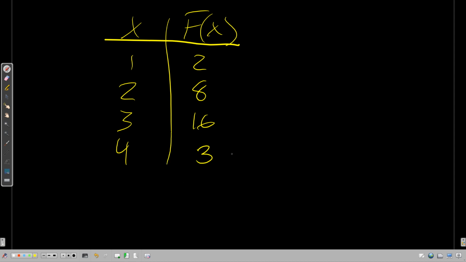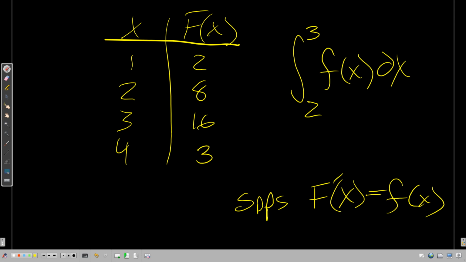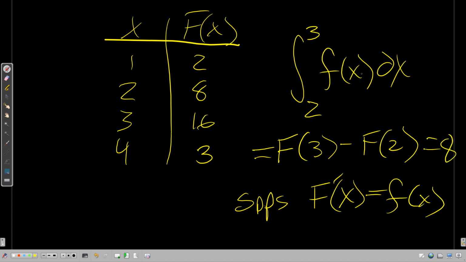Then there's some values for my antiderivative, and then I might ask you, what's the integral from 2 to 3 of little f of x dx, supposing that capital F prime equaled little f. Then you can invoke the fundamental theorem of calculus. This would be capital F of 3 minus capital F of 2, and the answer would just be 8.